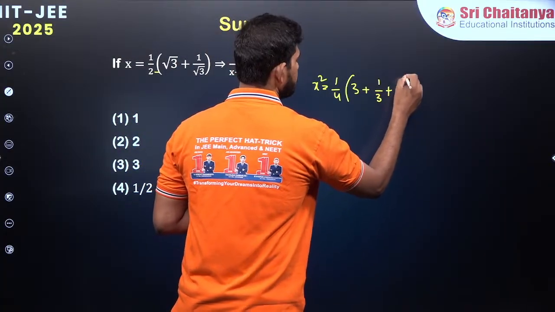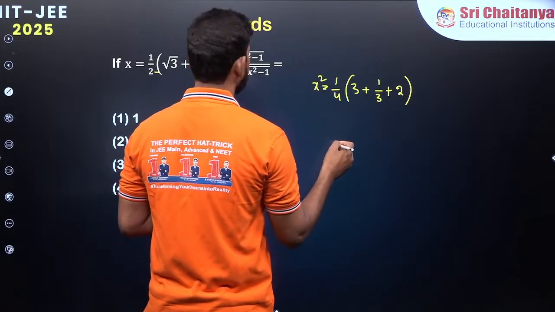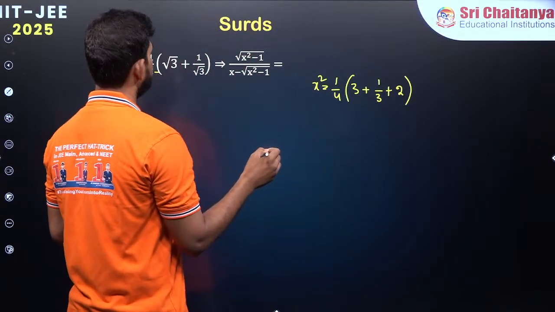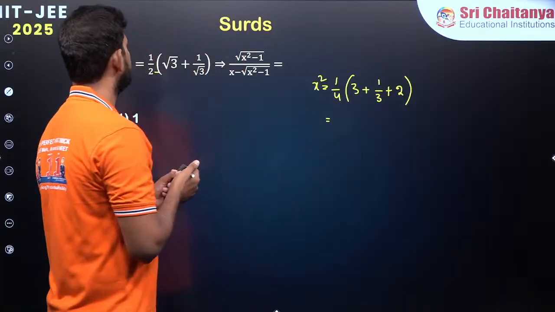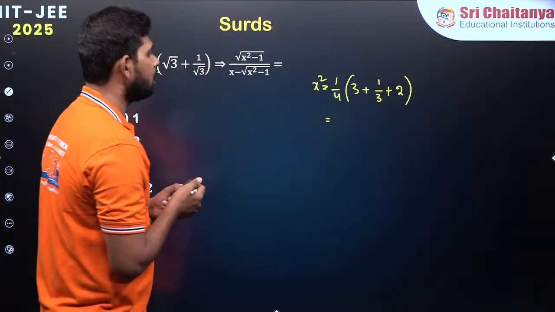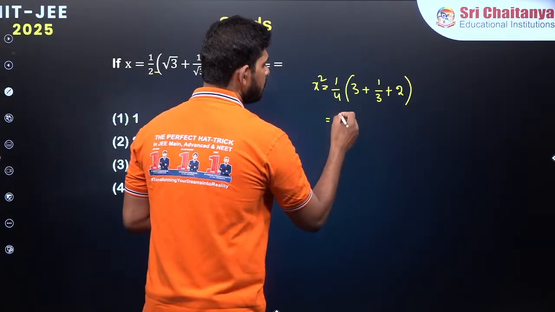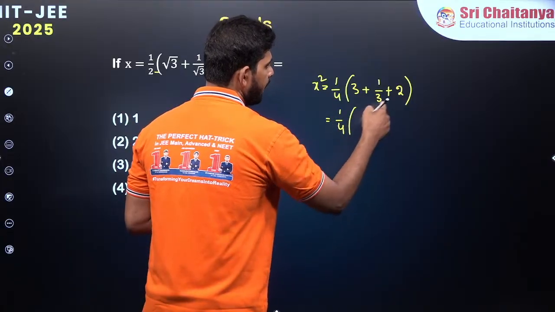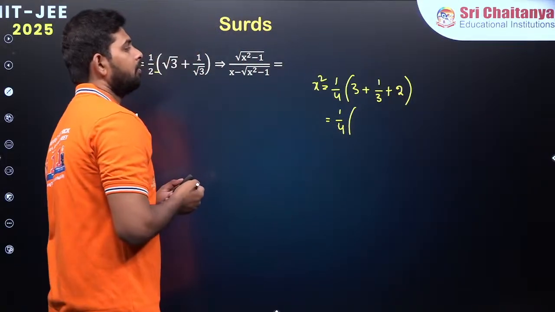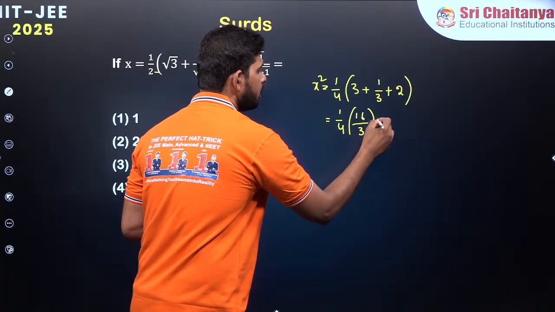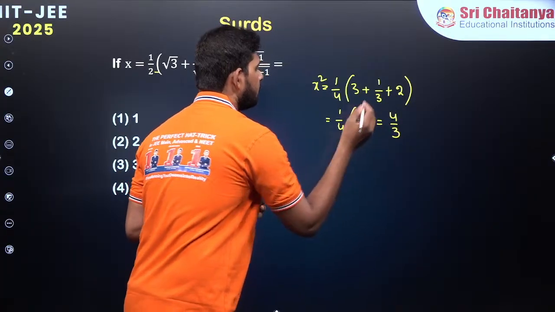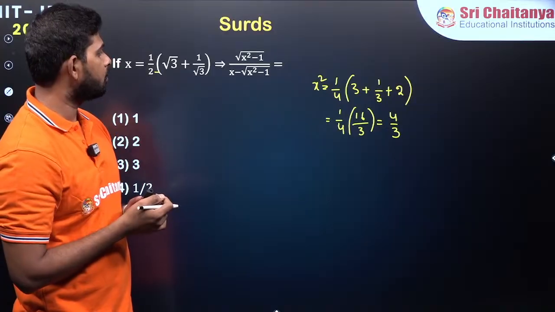The 2 here, right? So 2 you are getting. Let us simplify this. In this x square value you are getting very simply 1 by 4 times of 9 plus 6, which is 15, plus 1, 16, divided by 3. 16 divided by 3 is equals to 4 by 3. 4 by 3 you are getting as x square value.